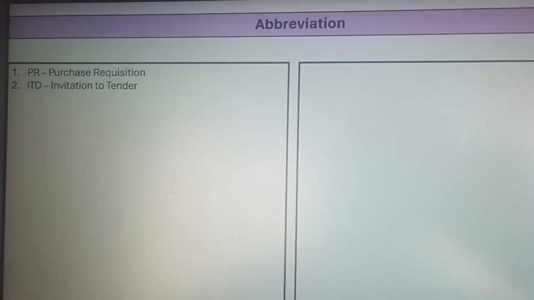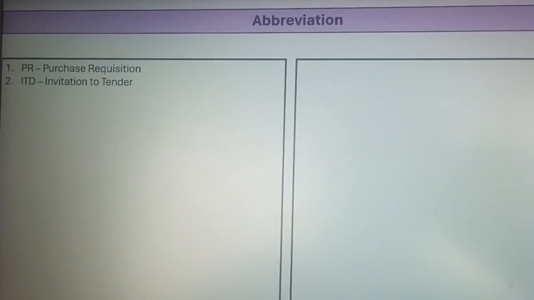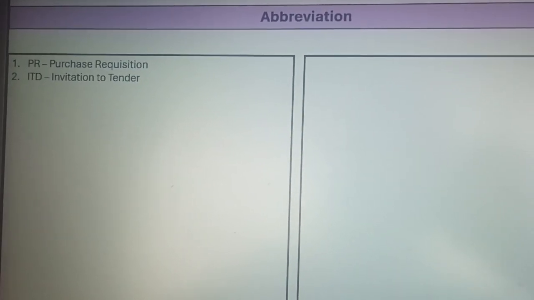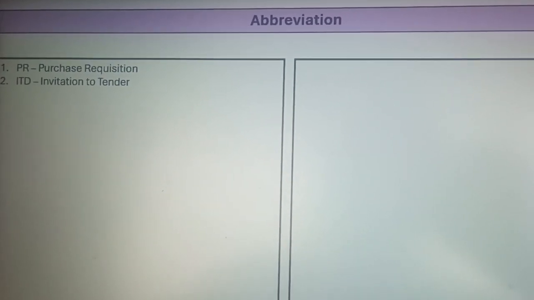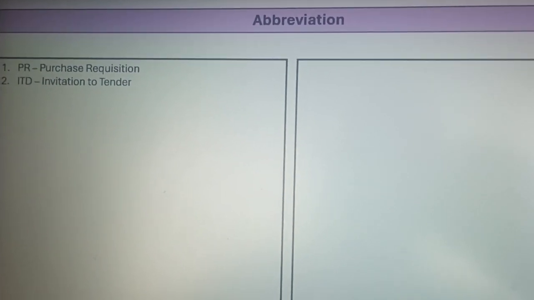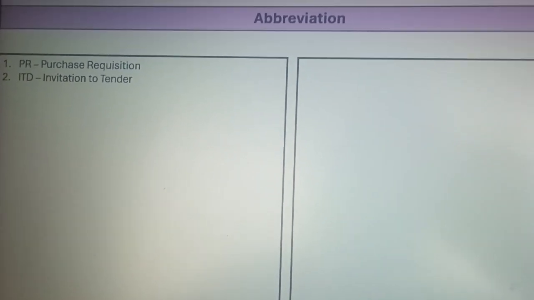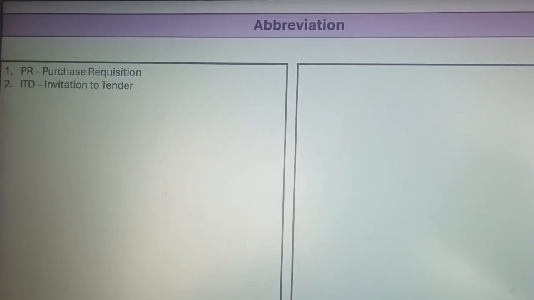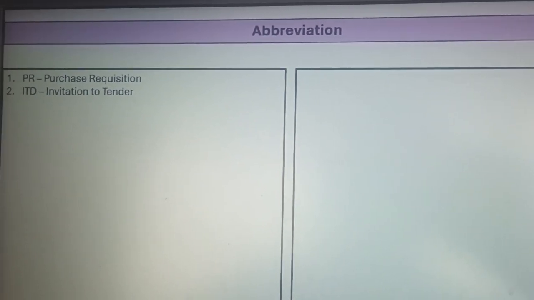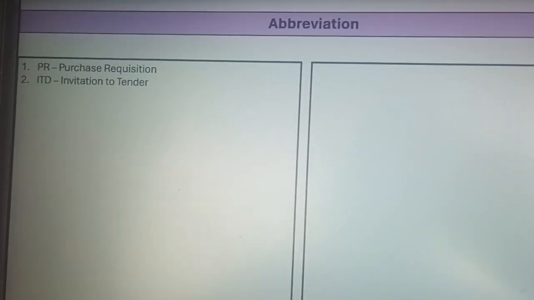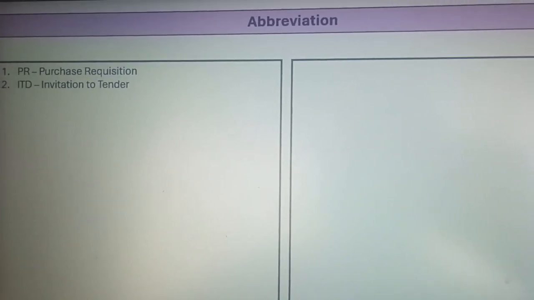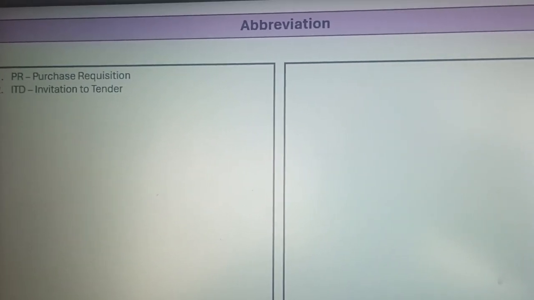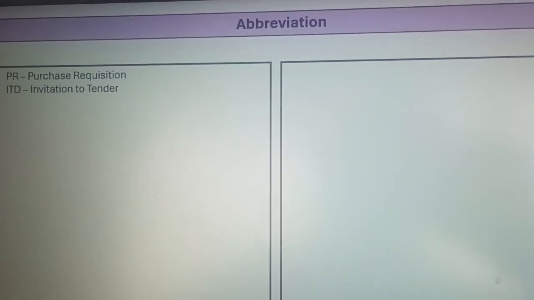Its short form is ITD. The purpose of learning these abbreviations is that if you work in the procurement department and you see ITD anywhere, you should promptly recall that it means invitation to tender.